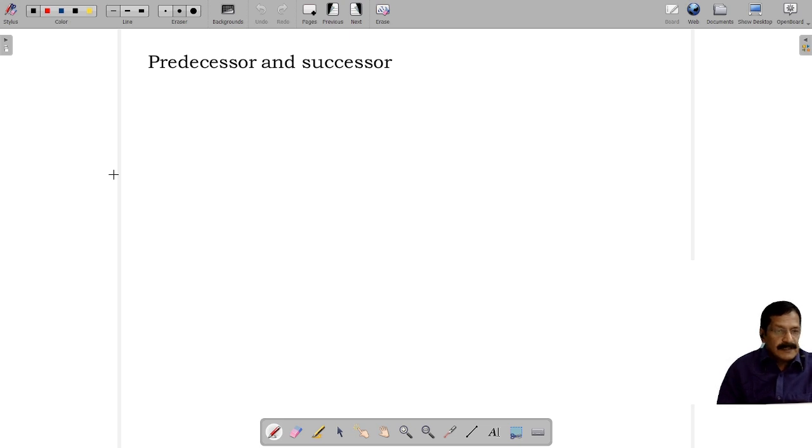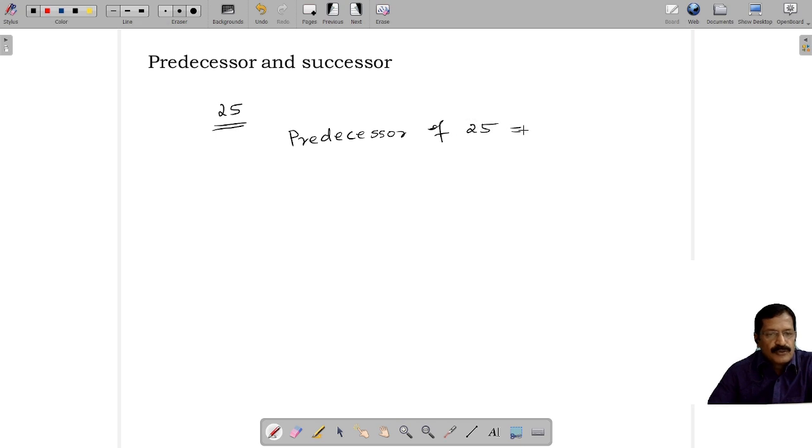Now, next, we have to discuss the predecessor and successor. Suppose we take a whole number, 25. 25 is a whole number. The predecessor of 25 is just 1 less than 25. So, the predecessor of 25 is equal to 24.